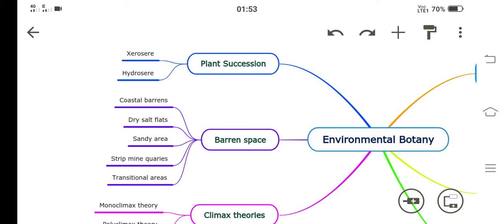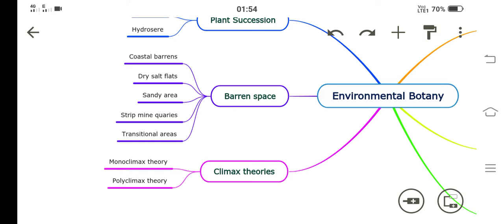After that, we studied the last topic in our unit, which is known as barren space. And in that, we have studied different types of barren space, starting from coastal barrens, dry salt flats, sandy area, strip mine quarries, transitional areas.